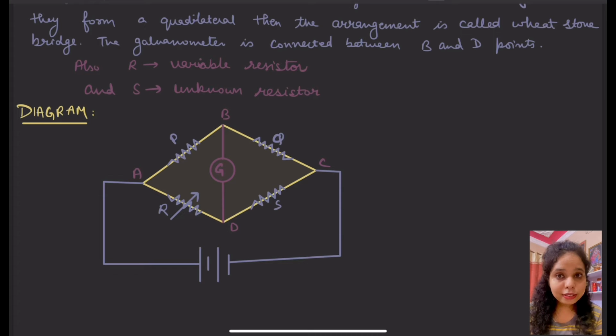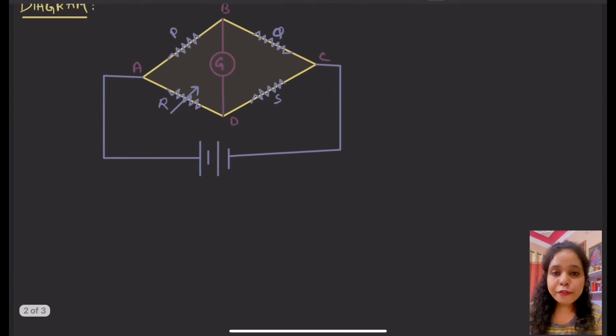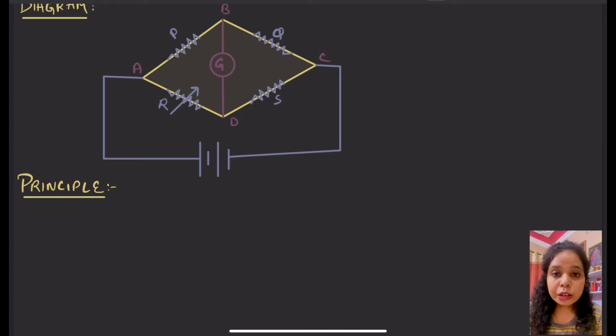Now we need to consider various other facts in order to study the Wheatstone bridge. So first of all, for every device we always have a principle. In physics we always have a principle for every machine. Now, in order to study the Wheatstone bridge, we have to study the principle.